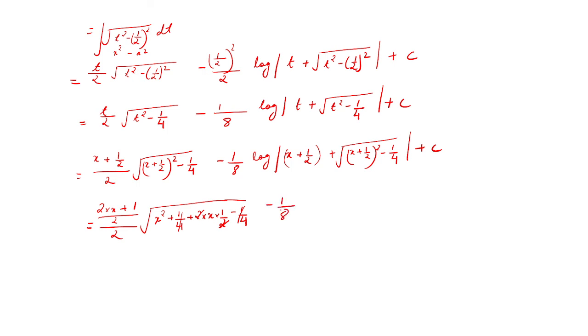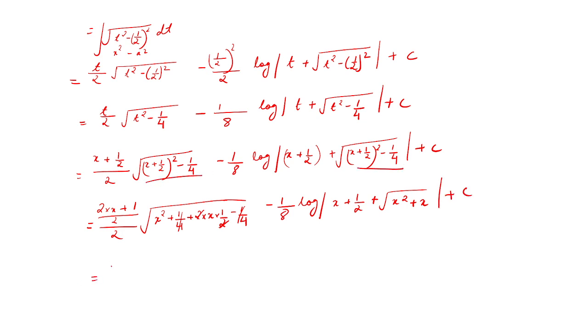Minus 1 by 8 log of, you can take the LCM for this and solve it, or you can keep it. If it's not necessary, you can just keep it, okay? It's not really a problem. It's not necessary that you have to get the textbook answer. So you can just keep this as it is. This is also the same thing as (x plus half) the whole thing squared minus 1 by 4. So instead of solving it again, you can write it as x squared plus x, because we have solved the same thing over here, right?